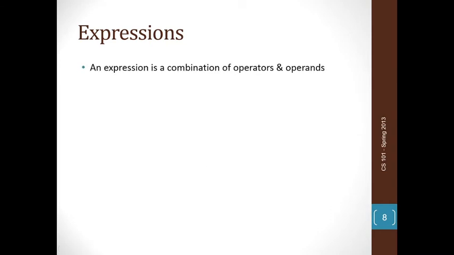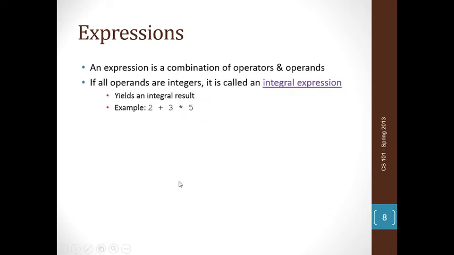An expression is a combination of operator and operands. So what is the expression? Expression has both operators and operands. If all operands are integers, it is called integral expression, like this. So this is an operand, plus is operator, 3 is operand, multiply is operator, and 5 is again operand.